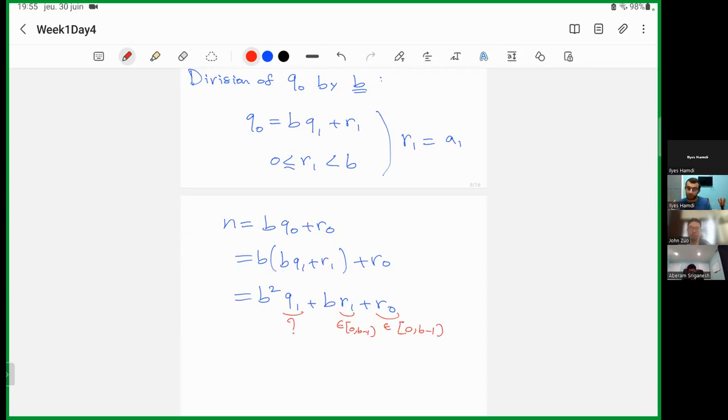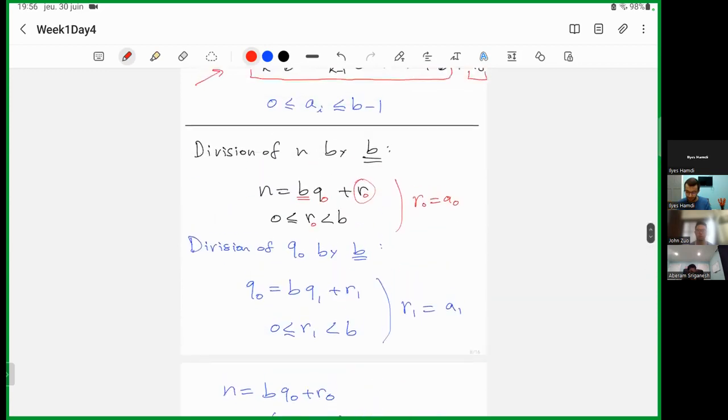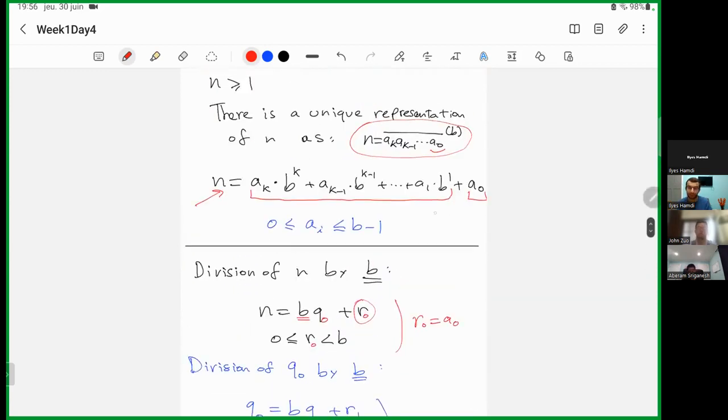So this means I'm not done. I need to make sure I continue doing this until this quotient is between 0 and B minus 1. Otherwise, this means I didn't find yet the good expression of N. Basically, this is the idea. So we're building it step by step.